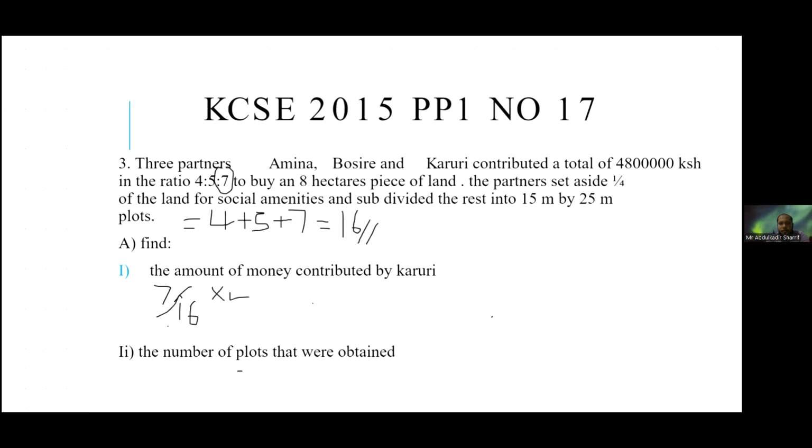So 7 over 16 times 4,800,000. You'll get 2,100,000 shillings. So I think that question, we've done it.